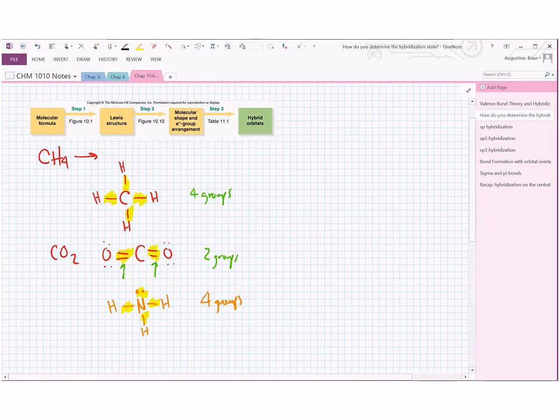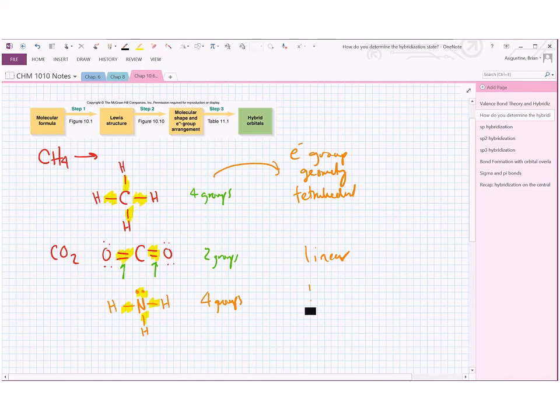All right, so once we count the number of electron groups from the Lewis structure, then we can figure out what are called the electron group geometry. I call them electron domains in class also. 4 groups, tetrahedral, remember? 2 groups, linear.